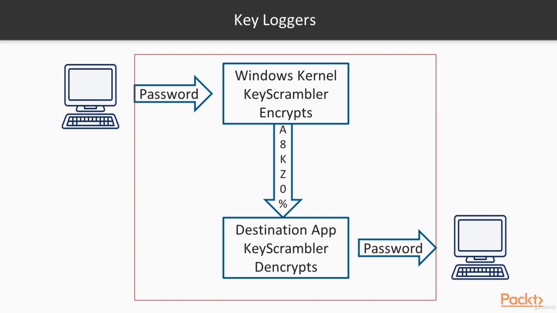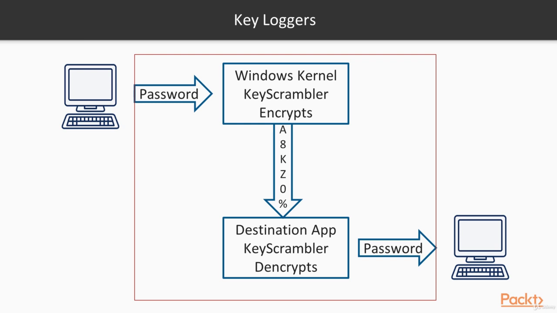All your data is safe. Then, when your keystrokes get to the application they are assigned to, KeyScrambler decrypts them, so the application sees them in the normal view. Thus, the whole process is secure and the keylogger can do nothing with your data.